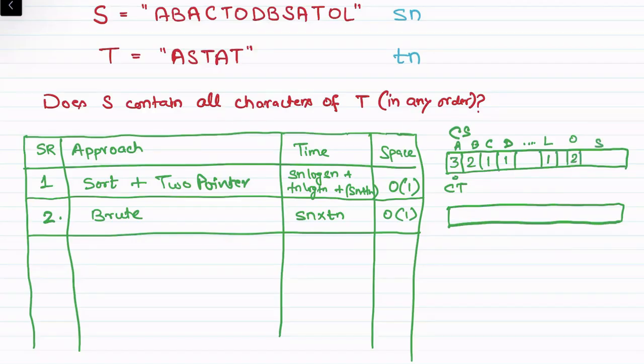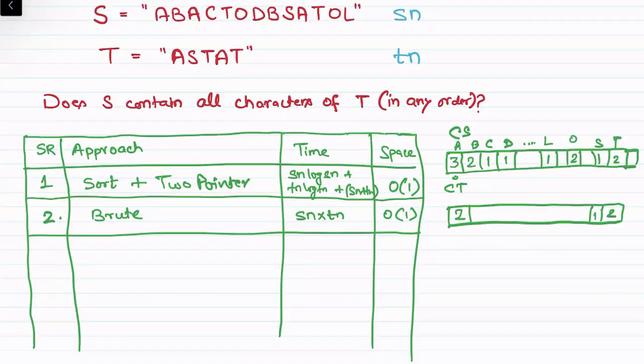Same way, somewhere S occurs 1 time and T occurs 2 times. Imagine this is the array we are having. So the count array for S will become like this. Now the count array for T will become: A occurs twice, B doesn't occur, S occurs once, and T occurs twice. This is the count array for T.